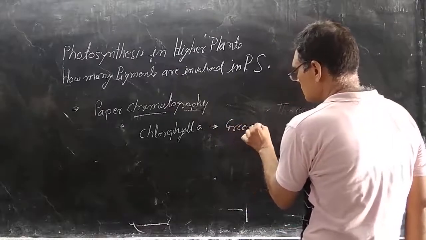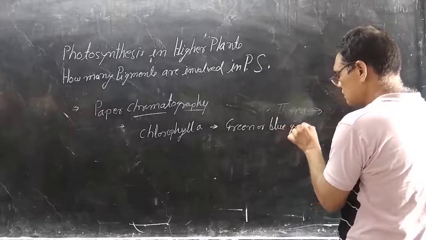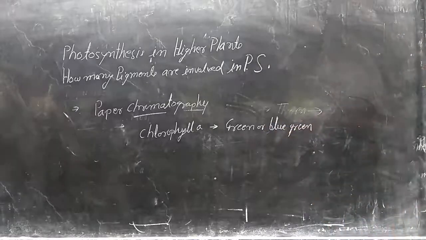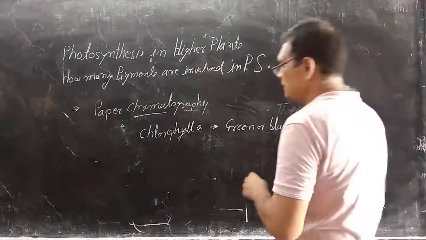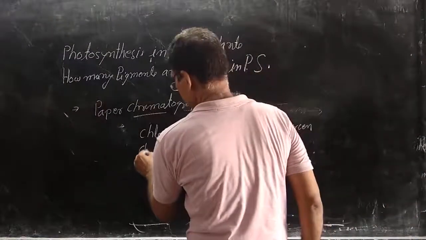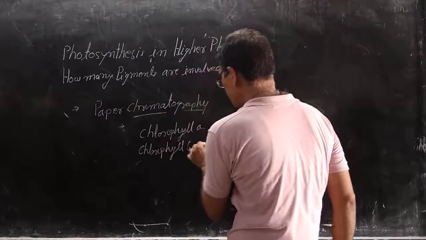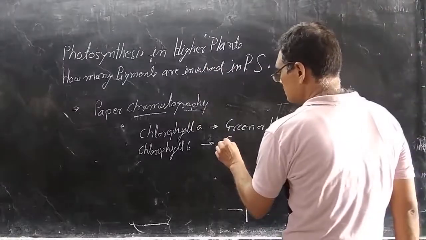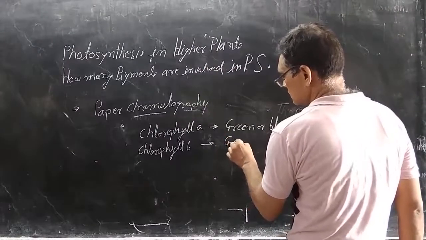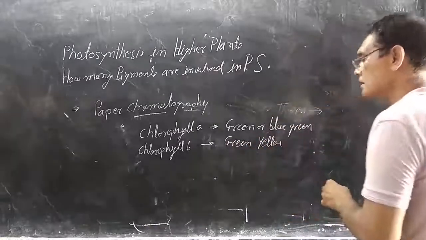Another is chlorophyll B, which is yellow-green in color.